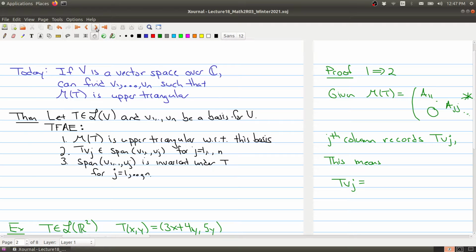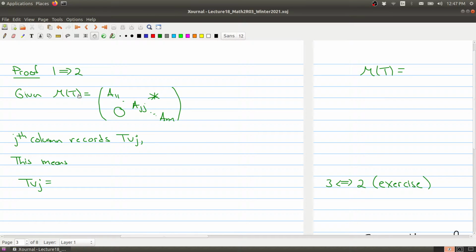Okay, so let's move over to my next page. So first of all, we're assuming that our basis has been picked so that the matrix associated to it is upper triangular. Now what we said at the very beginning of today's lecture is that the jth column records what happens after we plug the vector vj into our linear operator.